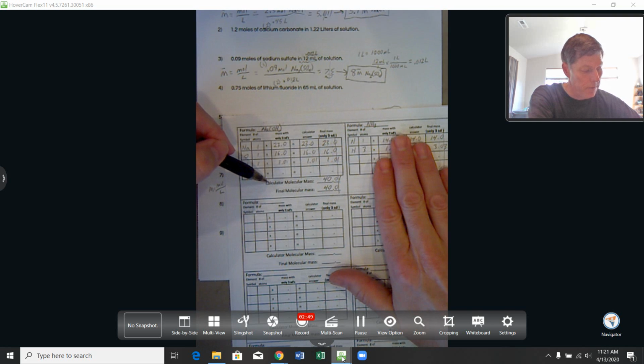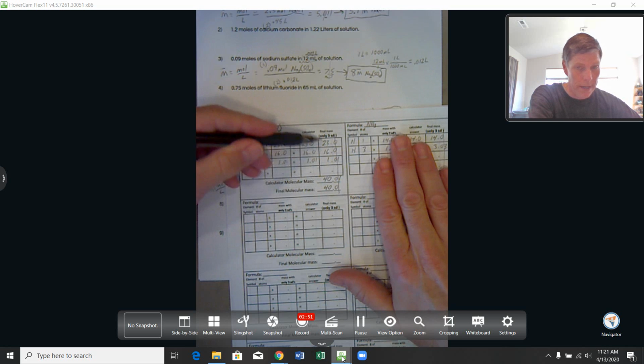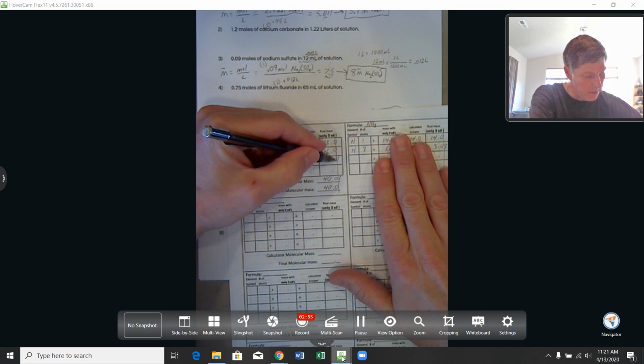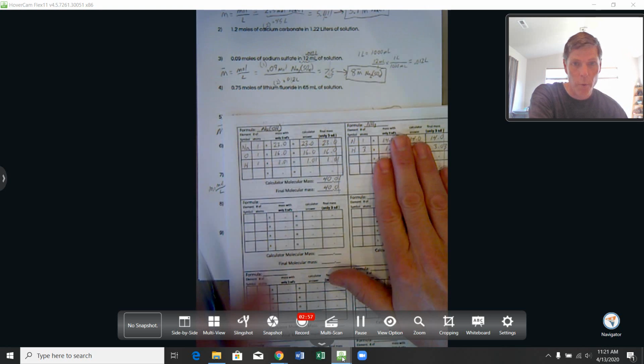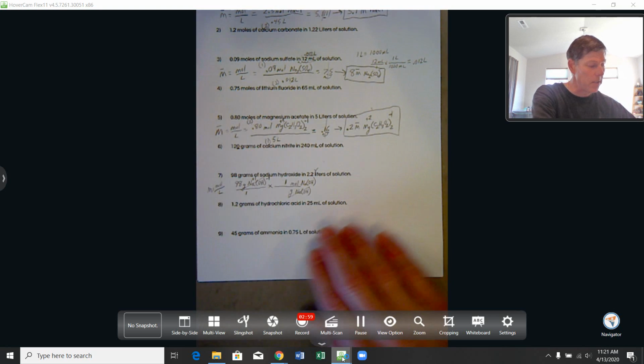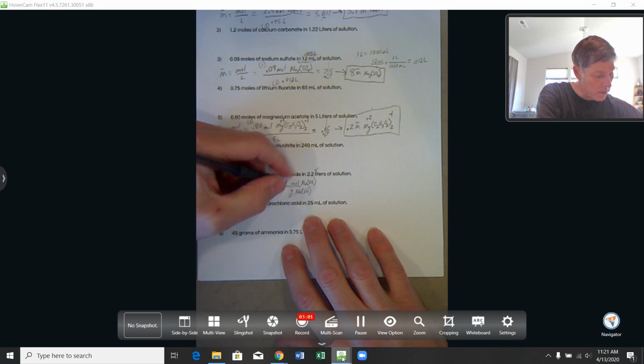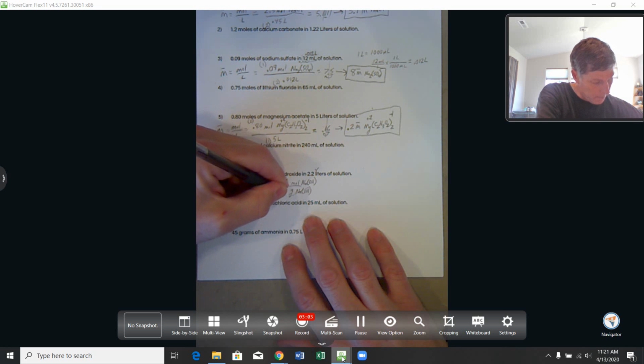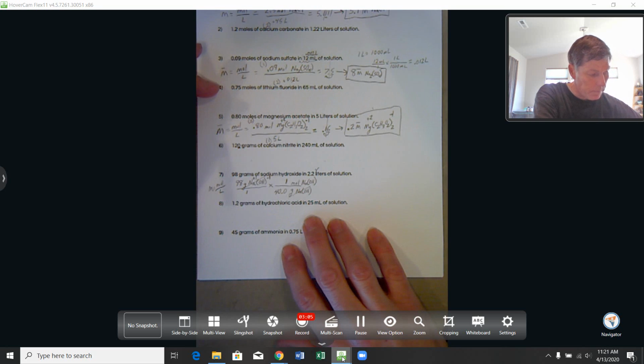Calculator value is 40.01 when I add all that together. I adjust for where it cuts, tens position, so 40.0 is my molecular mass for sodium hydroxide. So I'm just going to put that on the bottom. Okay, so we're good to go on that.